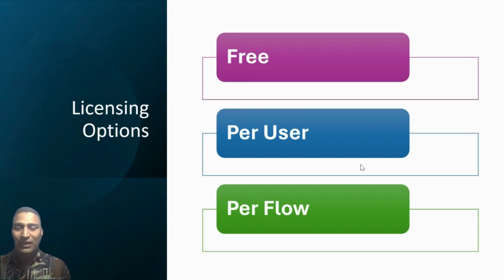As you can see on the screen, one is free, and the second is per user, and the third is per flow. We will try to understand what facilities we have within these three. How we can get the free license, and what facilities we get in it, and coming to per user and per flow, what the limitations, advantages and disadvantages are, we will discuss all of that in detail.